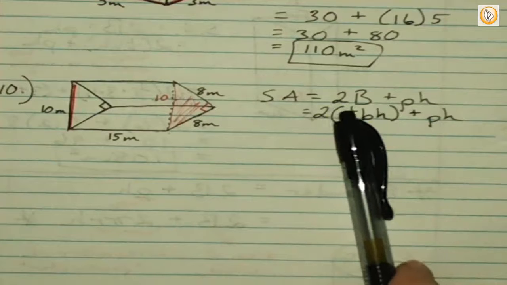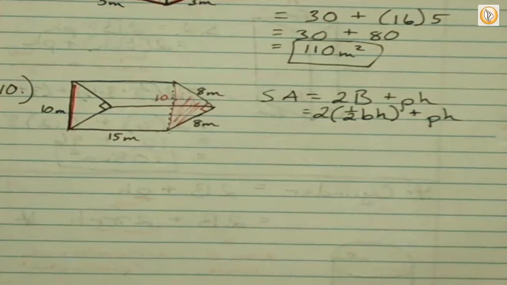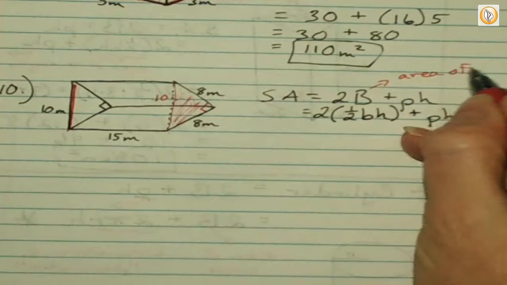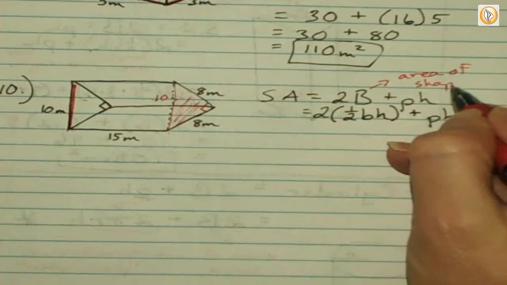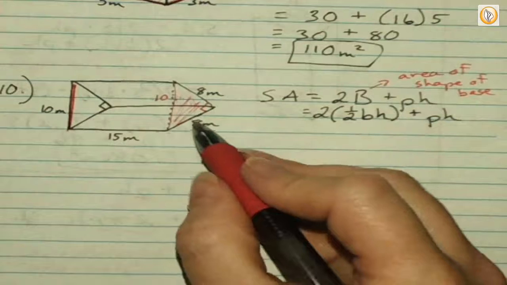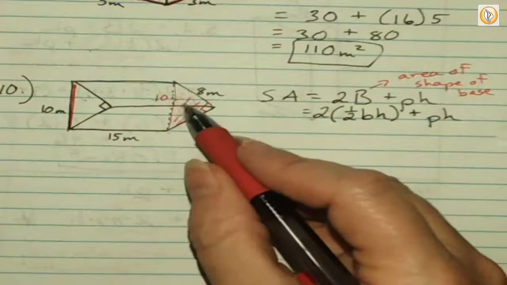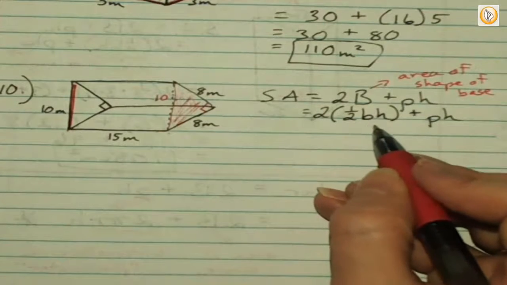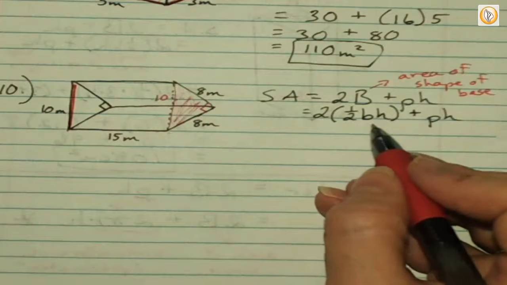Okay, so big B is, remember, area of shape, of base shape. Our base is a triangle. There you go. Area of base shape.